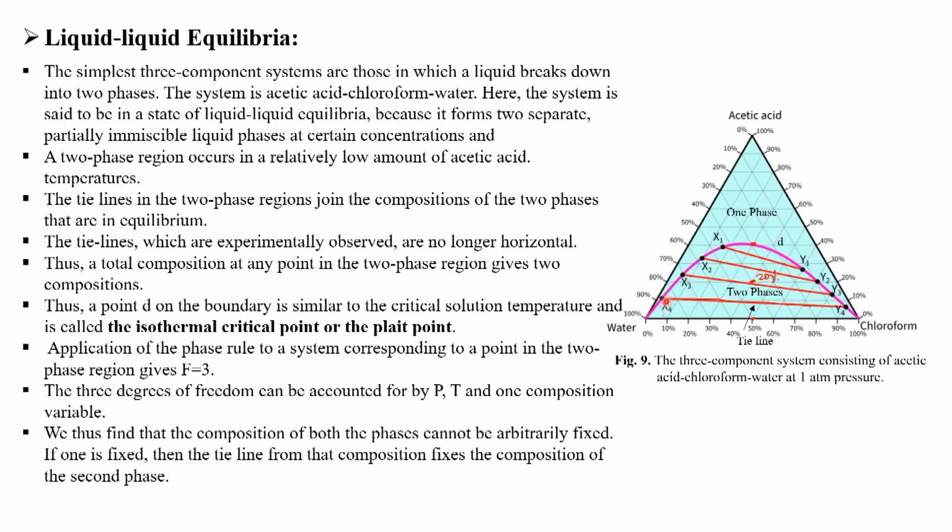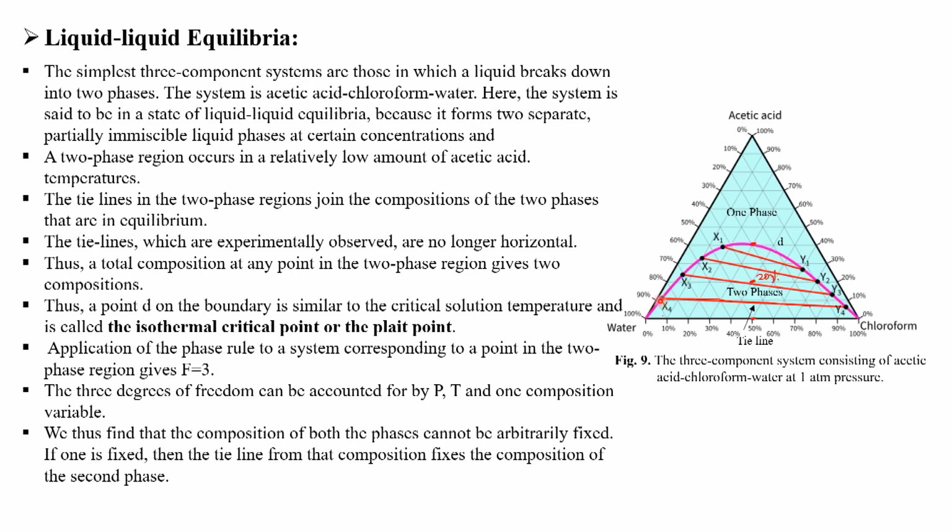These are slanted because the solubility of acetic acid in this phase is different from the amount of acetic acid present in the other phase. That's why the tie lines are slanted.